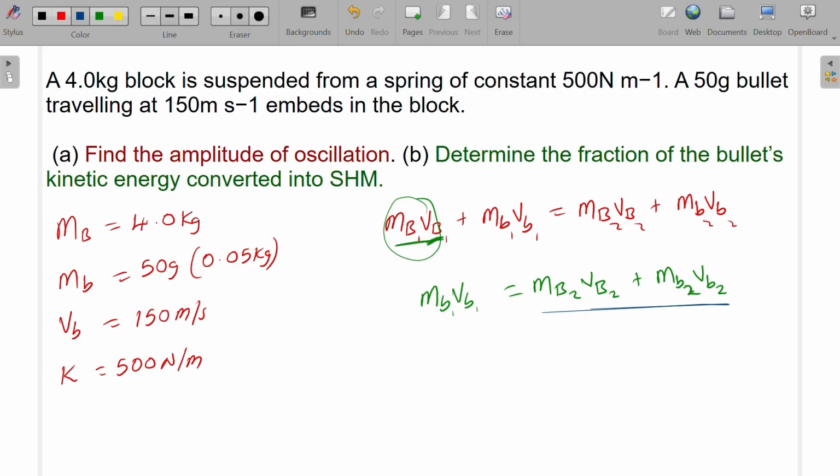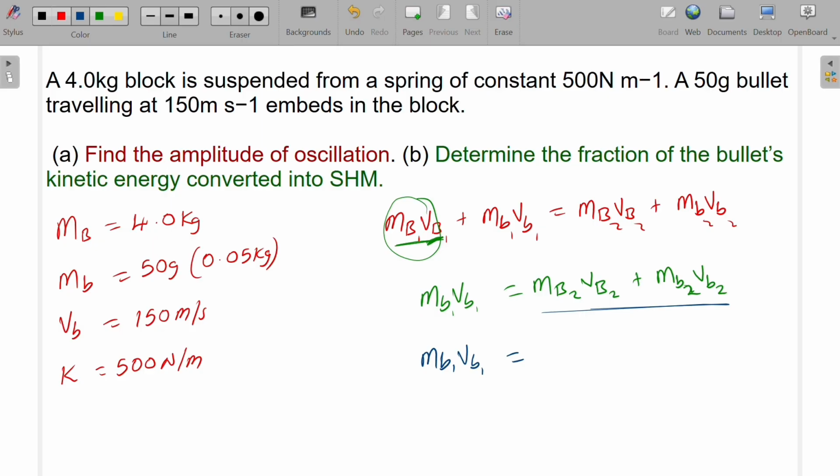So now, that brings us to another manipulation of this formula, where we'll say MB1 VB1 will be equal to, now, since the bullet will go into the block and it becomes stuck there, it implies to say now the system will be moving together. The speed at which the block will be moving will be the same as the speed at which the bullet will be moving, since now the bullet is stuck inside the block.